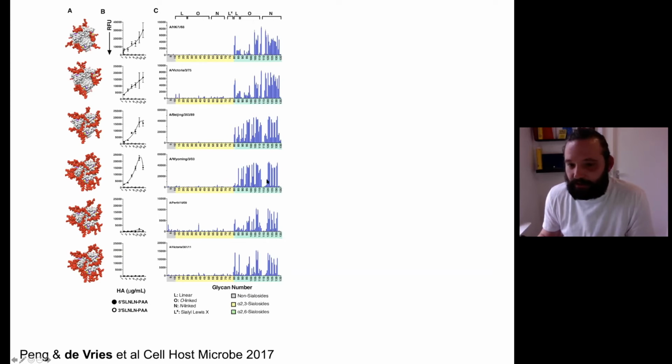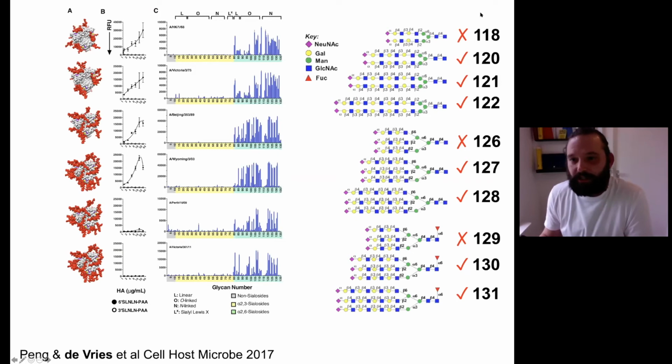Some glycans are not bound anymore by more contemporary H3N2 viruses. To put this in a nutshell, for example, glycan 118 is not bound, and only has 2 LacNAc structures, whereas 120, 121, 122, which have at least 3 LacNAc structures on an arm, are bound by these viruses.